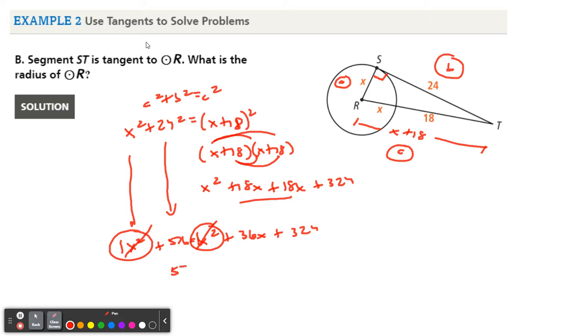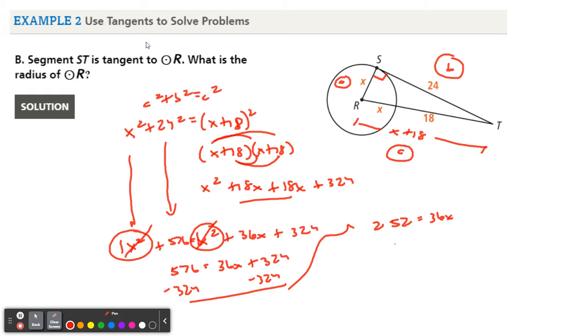Now this is no longer quadratic. This is a simple two-step linear equation. 576 equals 36X plus 324. We subtract 324 on both sides to get 252 equals 36X, and we divide by 36. Lucky for us, this is a nice even number, 7. So our radius is 7.